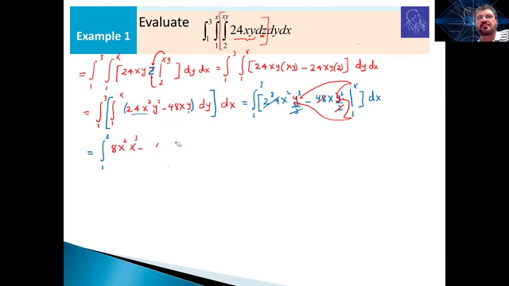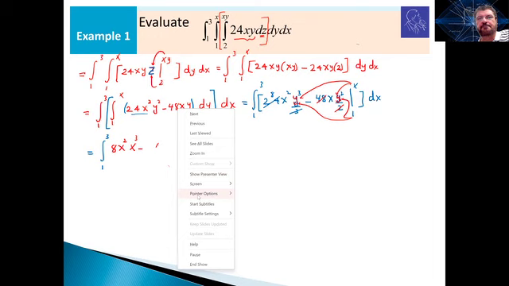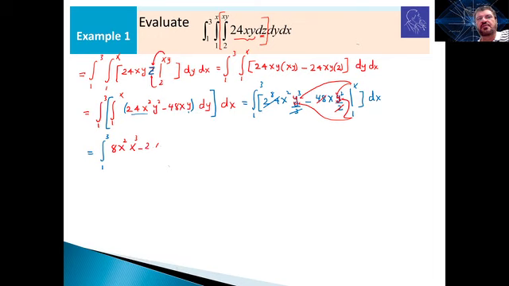Better to simplify it. 24. Now we're going to replace y with x. So this is x squared minus, open bracket, let's replace y with 1. So this is 8x squared. Then 1 cubed is 1, minus, we said this is 24, minus 24.